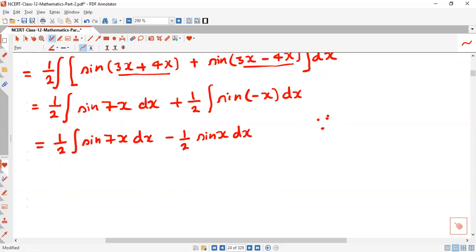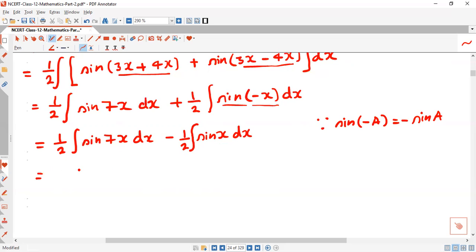Since sine of minus a equals minus of sine a, we use this trigonometric formula here: sine(minus x) becomes minus of sine x.